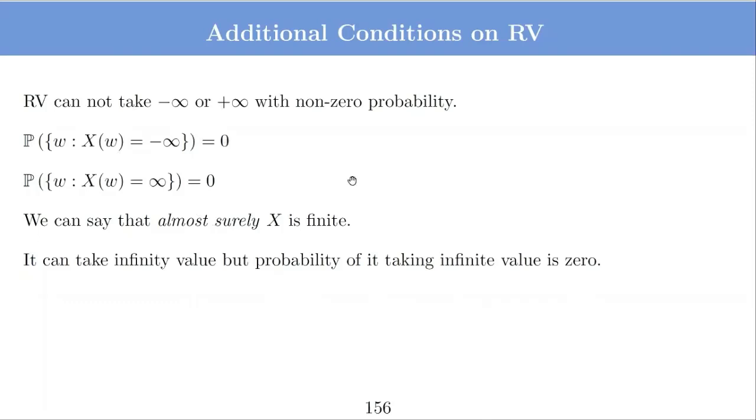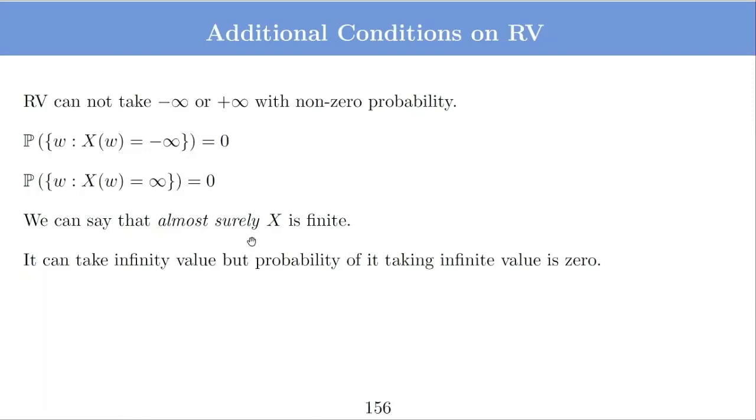Recall I said that if X satisfies some condition with probability one, then we say it almost surely occurs. So here X is almost surely finite. It can be infinite, but the probability that it will be infinite is 0. So X is finite with probability 1, which is the other way to say X is almost surely finite.